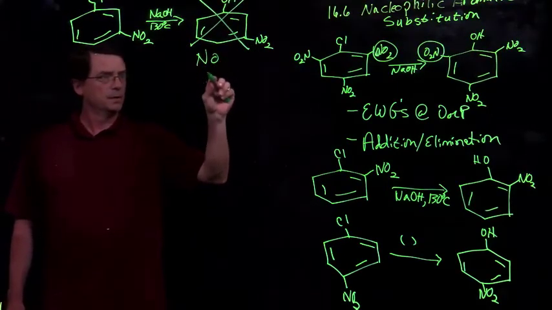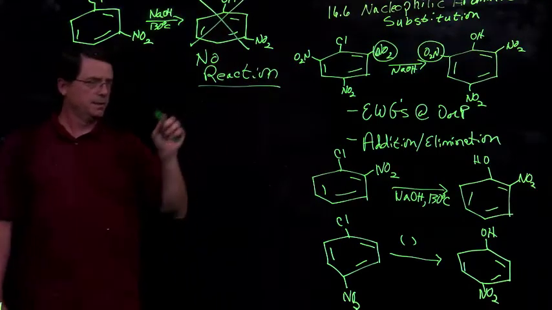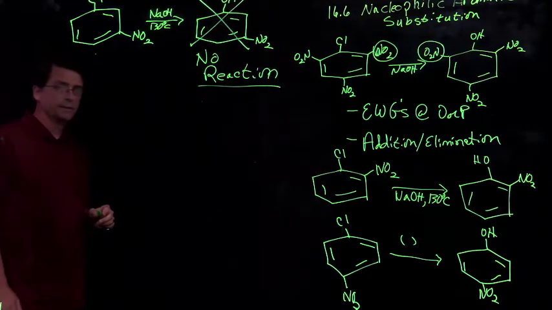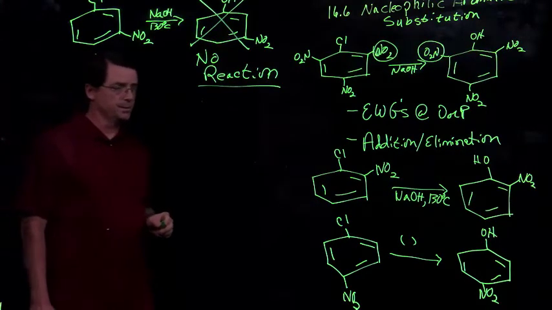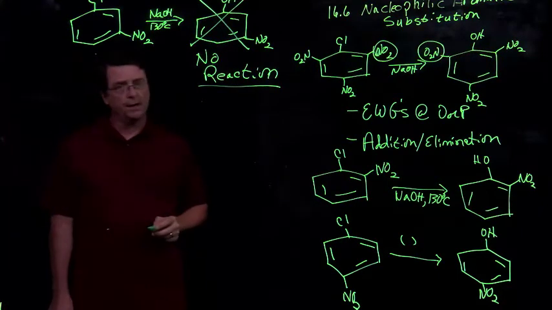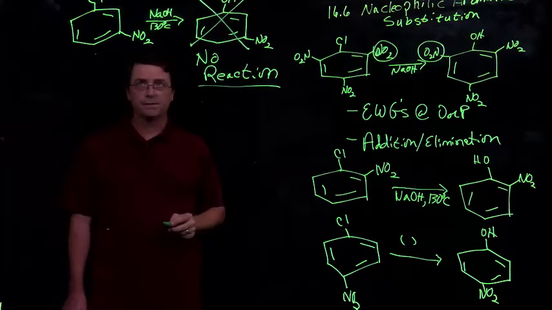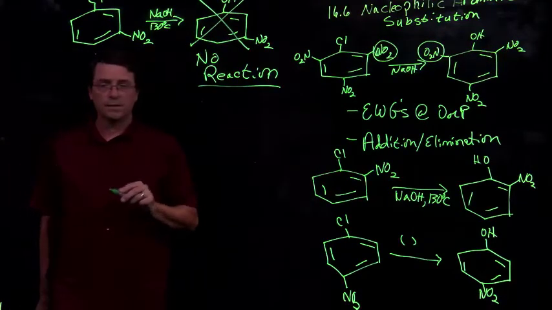There is no reaction. So there's a huge difference based on the placement of those electron withdrawing groups. Now, why is that? Well, I hope by now you've learned enough of the mechanisms of these reactions that you can begin to speculate about why this would be the case.